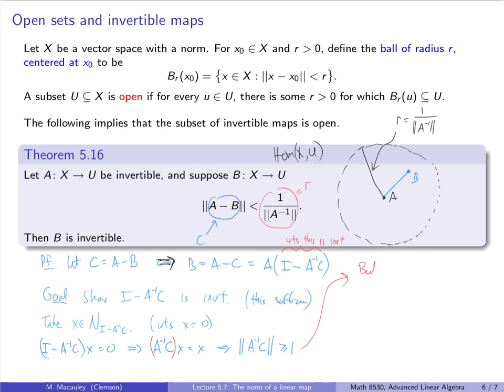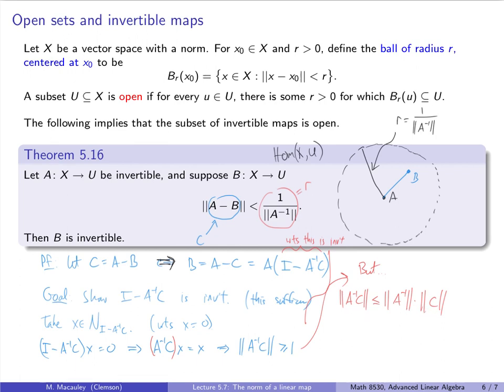But the norm of A inverse C we know is less than or equal to the norm of A inverse times the norm of C. That's something that we proved a couple slides ago. Maybe it was the previous slide, I forget.